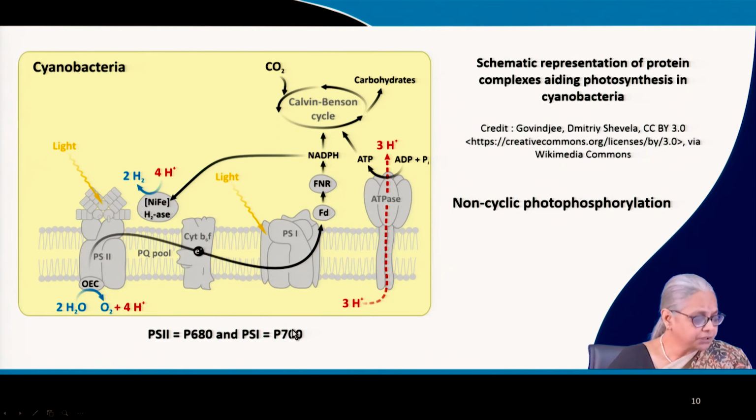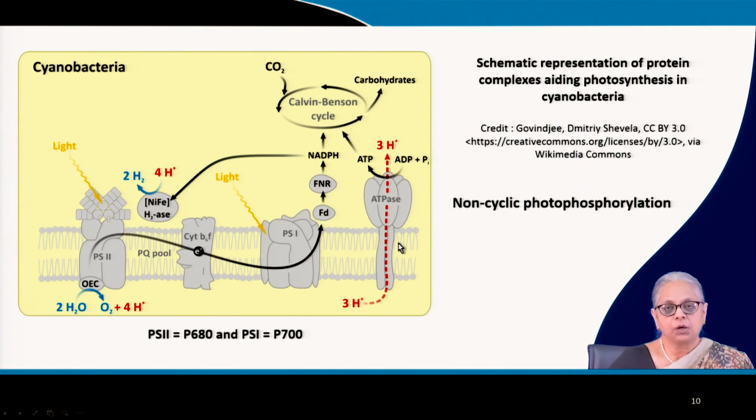Now, this transfer of electrons is associated with the development of the proton motive force as well. While the electrons are being transferred through the quinones and the cytochromes, the protons are also being pumped out of the cytoplasm into the periplasmic space, which you can see over here. So a proton motive force is generated, and subsequently this proton motive force is utilized to generate ATP.